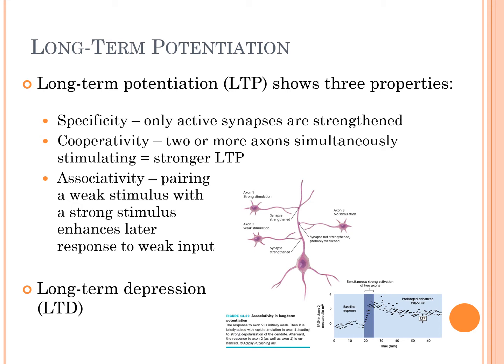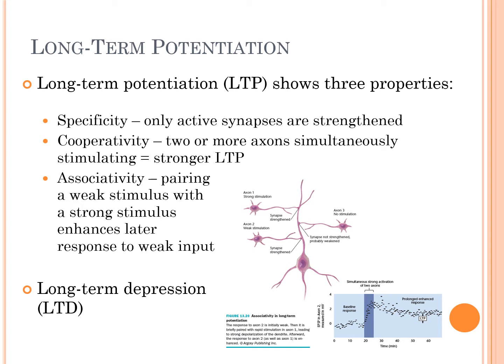The other thing that Calit is showing in this figure, in this diagram here, is the figure at the bottom, which is showing time and how the baseline response of the postsynaptic neuron to the tone is very low. So this is to my axon 2, to my weak stimulation or my weak synapse there.